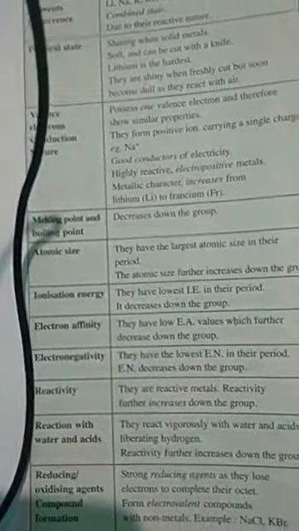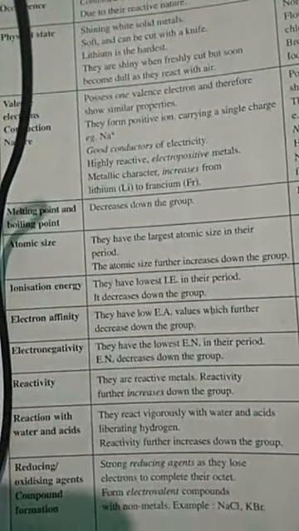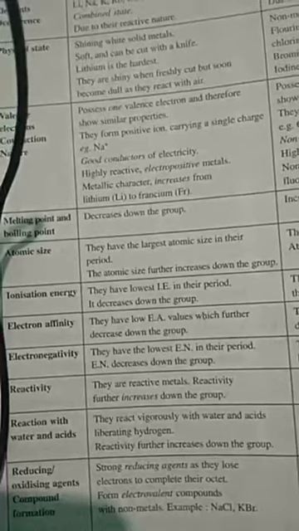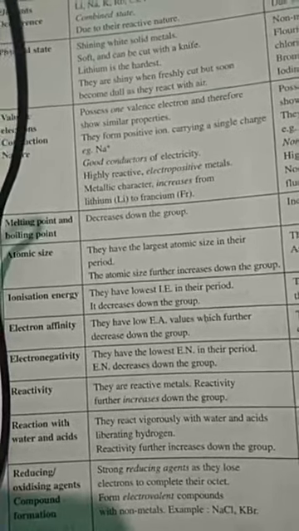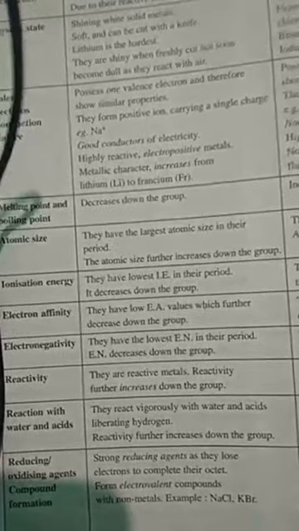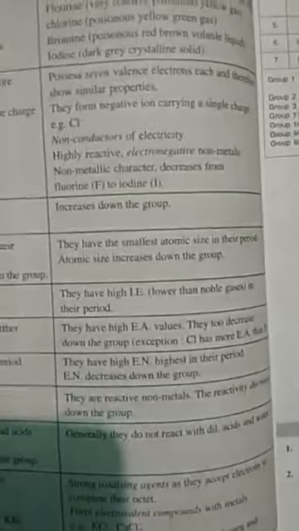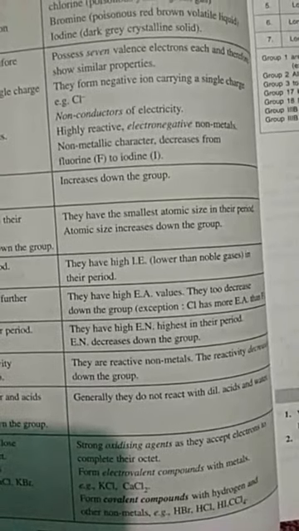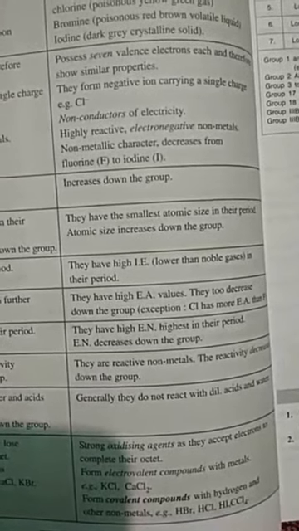Electronegativity. They have least electronegativity, which decreases if we move downwards. But halogens have high electronegativity and it decreases if we move downwards.